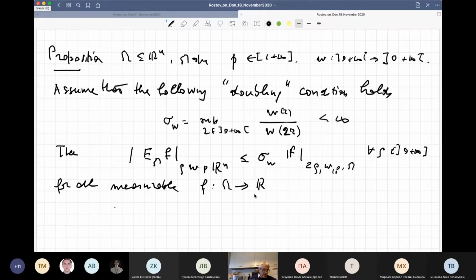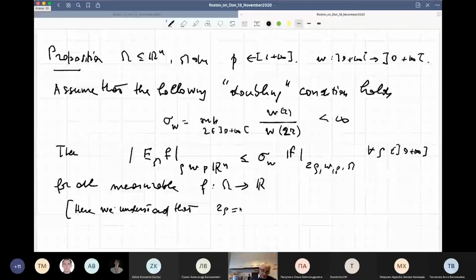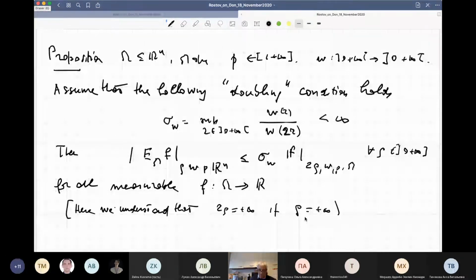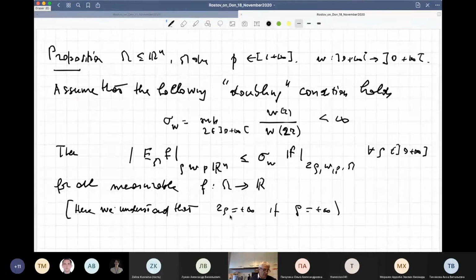Also I want to emphasize that here you have rho, which is plus infinity. So here we understand that 2 rho becomes equal to plus infinity if we take rho equal to plus infinity. It's not because 2 times plus infinity is plus infinity, but because every time that rho is plus infinity, instead of reading 2 rho, we read plus infinity.